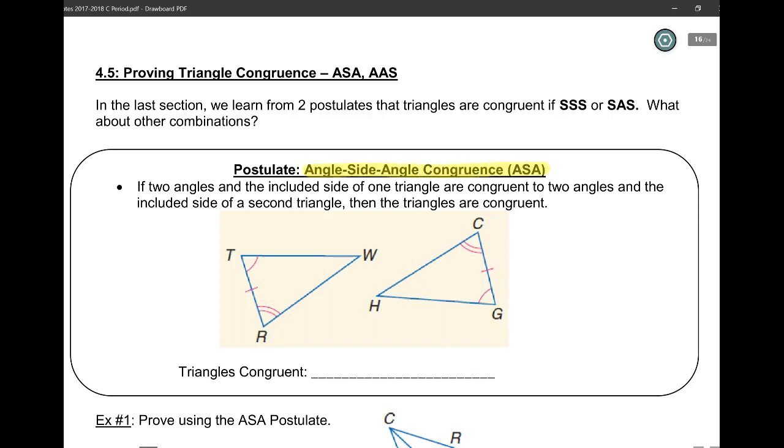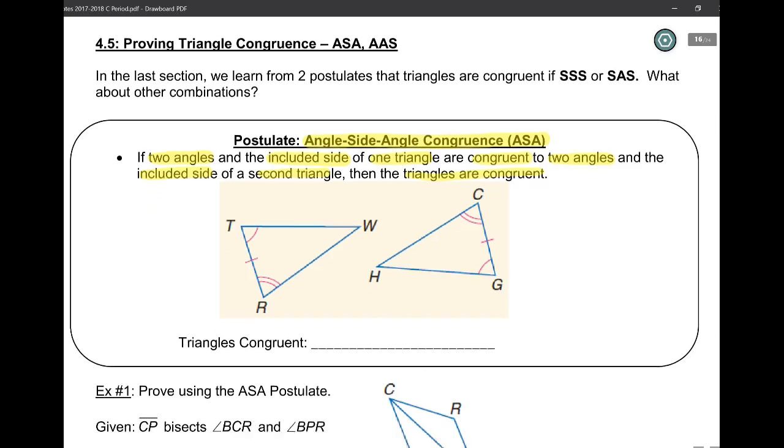That's ASA. So if two angles and the included side of one triangle are congruent to two angles and the included side of a second triangle, then the triangles are congruent.